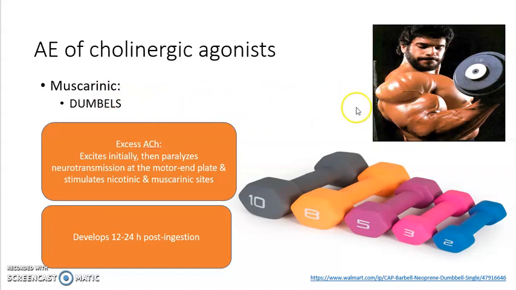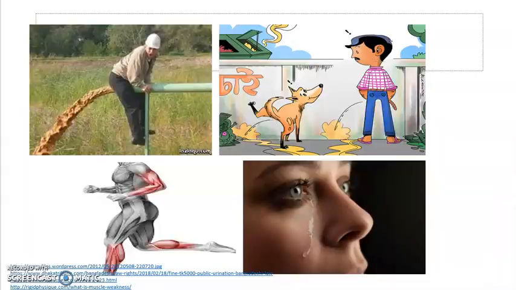It develops usually 12 to 24 hours after the ingestion of the drug. So we have diarrhea, urination, miosis. Oh, sorry, this is lacrimation, and then we have muscle weakness.